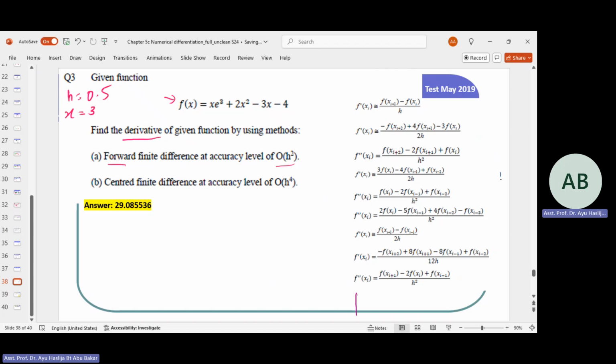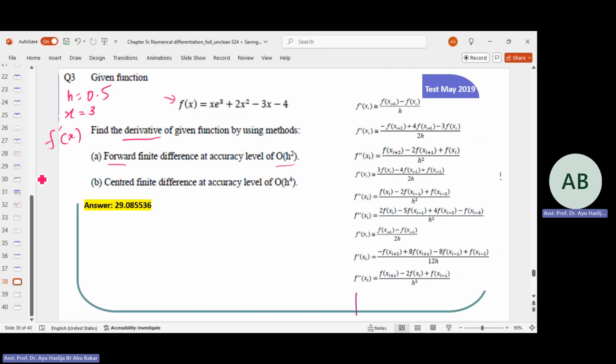You can assume your own starting point, your own step size, and your own derivative. But to ease our exercise today, we just focus on the first derivative.